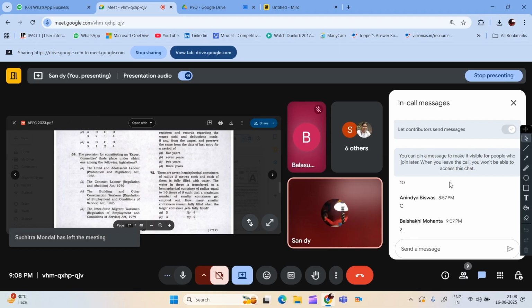I'll give you 5 minutes. Only Baishaki has given the answer. Others, please try. I'll give an overview of how to shorten your timing. I'll give you 5, 6 minutes to solve the question. Then I'll get back to you.